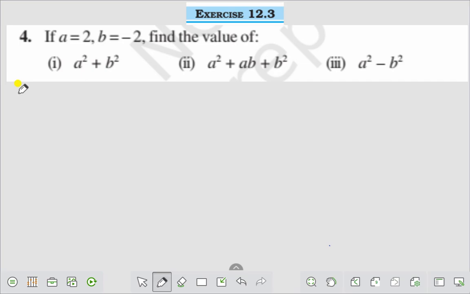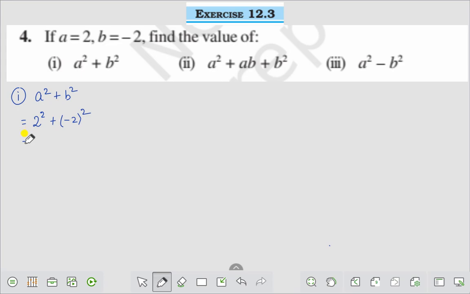Let us find. Number 1 is a square plus b square. The value of a is 2, so we get 2 square plus, the value of b is minus 2, square.